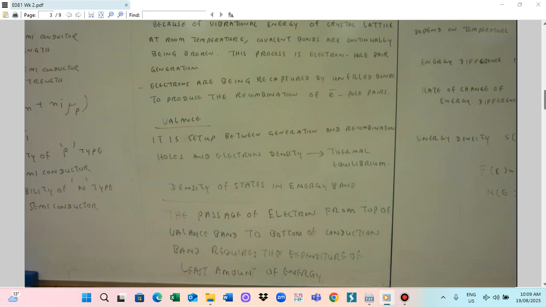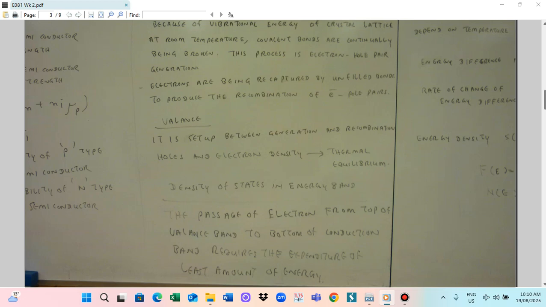So we have to make the design accordingly. In most semiconductors, electrons are located at the top of the valence band, so that when you give a little external energy, they easily go to the conduction band bottom and then move out. So this is the density of states.